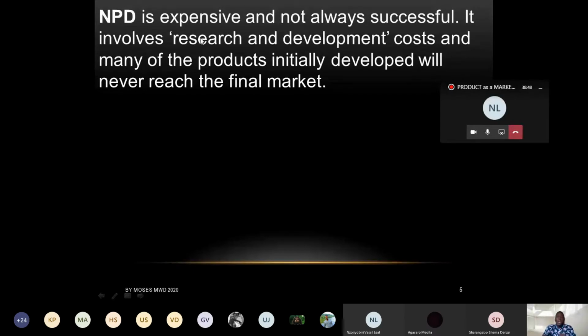So how you should analyze this, you should say NPD is very good based on the advantages mentioned above, but sometimes it is expensive and not always successful, as it may not meet what you assumed that consumers like. You thought maybe they will love your iPads, but they think phones are still better.